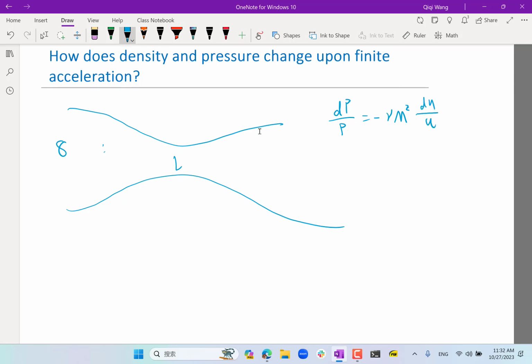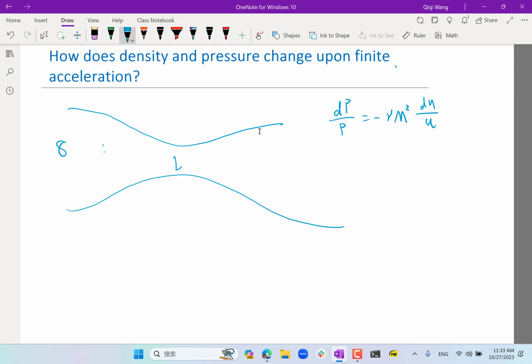So what we're going to do is integrate. In incompressible flow, the integration was pretty easy, right?